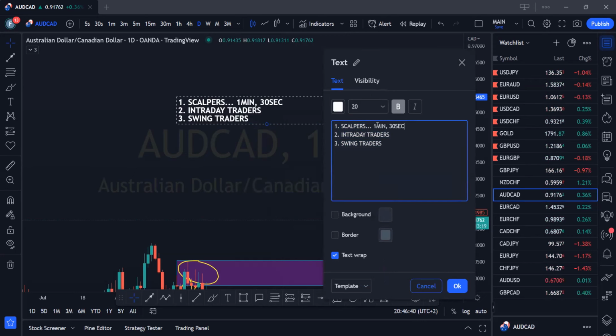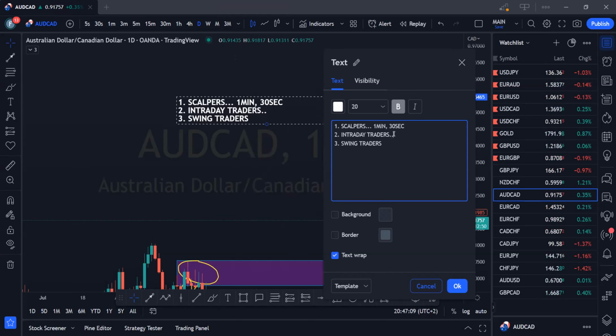They are looking for quick and swift moves in the market that they can quickly capitalize on. A scalper doesn't really have the patience to stay in a trade for so long, so they are scalping in and out with quick moves in the market. Mostly they trade on the 1 minute or 30 seconds charts.